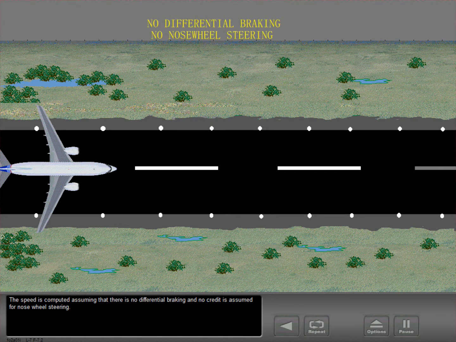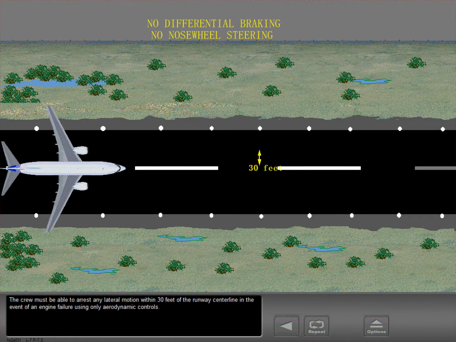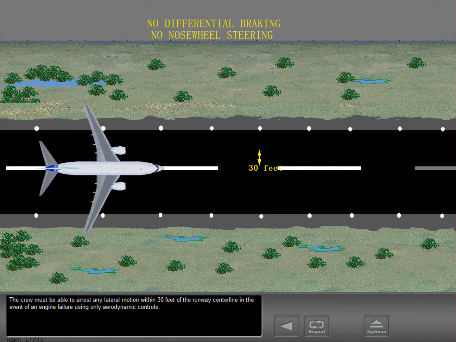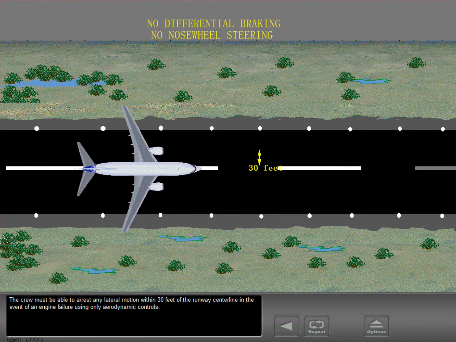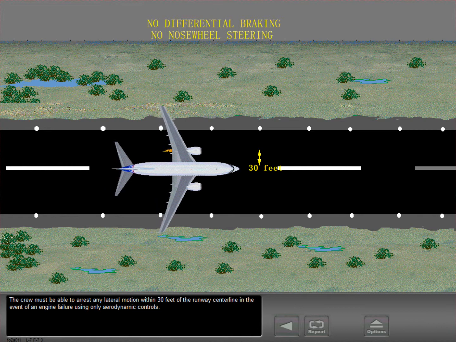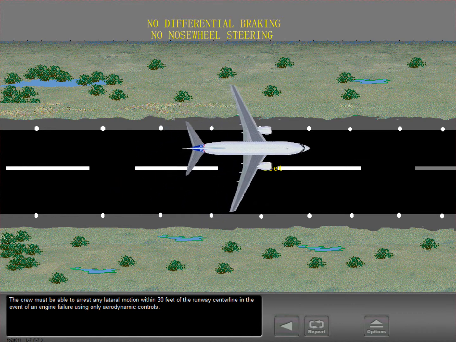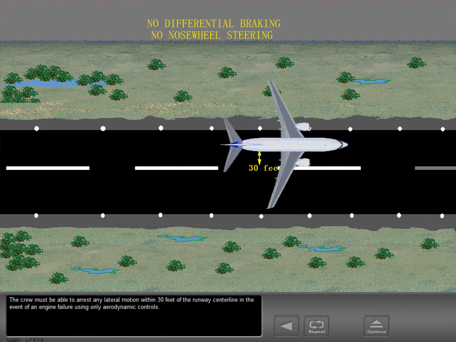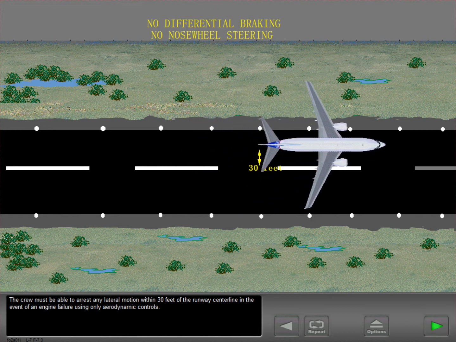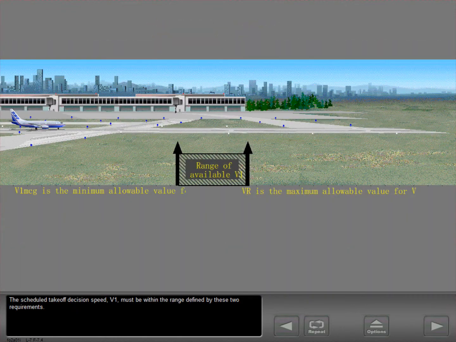The speed is computed assuming that there is no differential braking and no credit is assumed for nose wheel steering. The crew must be able to arrest any lateral motion within 30 feet of the runway center line in the event of an engine failure using only aerodynamic controls. The scheduled takeoff decision speed, V1, must be within the range defined by these two requirements.